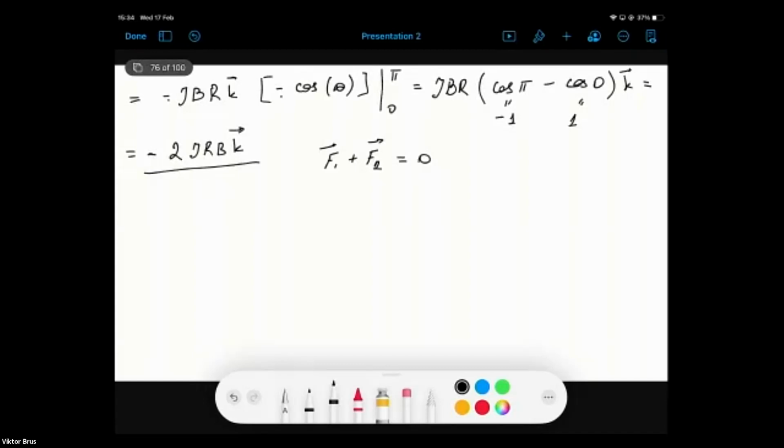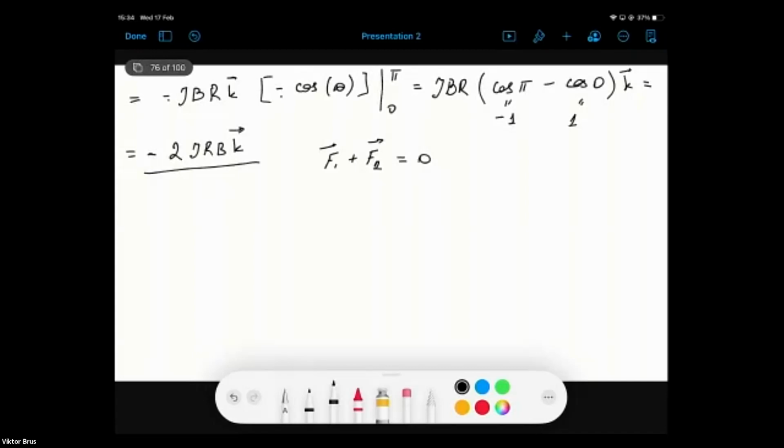Another thing which comes out from here, and we need to highlight this, is that the magnitude of magnetic force is the same on conductors with the same electric current between 2 points like A and B, regardless of the shape of this conductor.